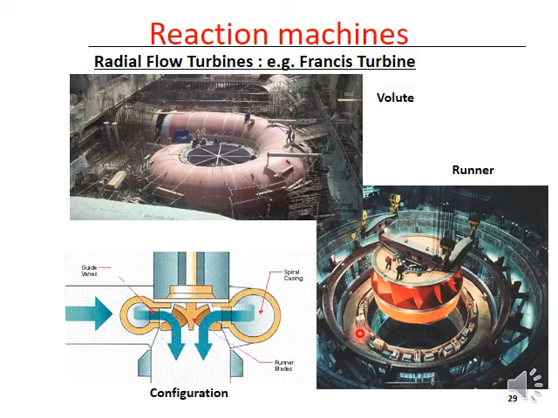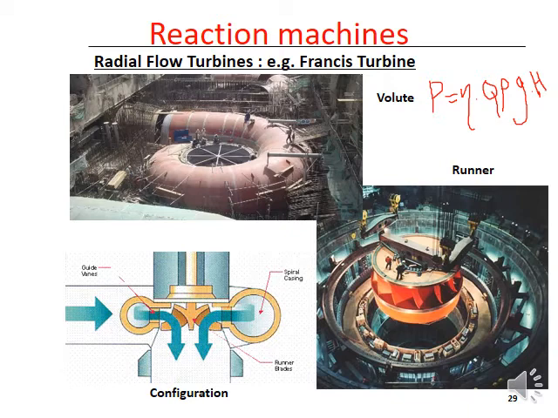As you all know, power output P equals efficiency times Q rho G H. So efficiency is here, Q is the discharge, H is the head available.